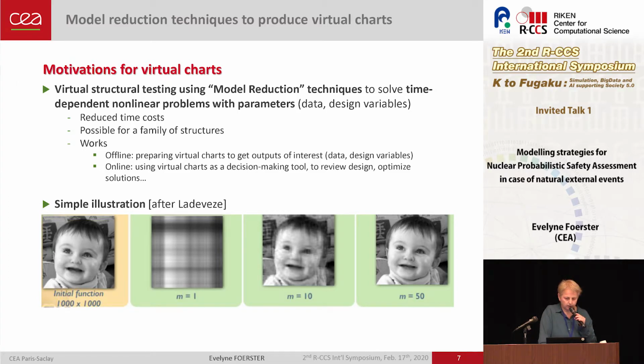Offline meaning that we want to get the necessary inputs or pre-computed states in case, for instance, of an accident or incident with respect to a plan. But we can also work online.